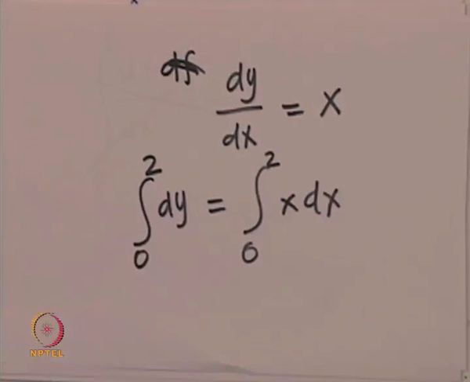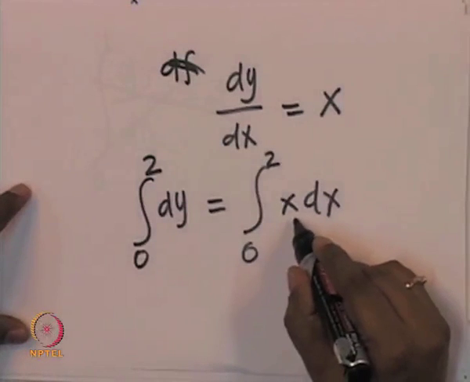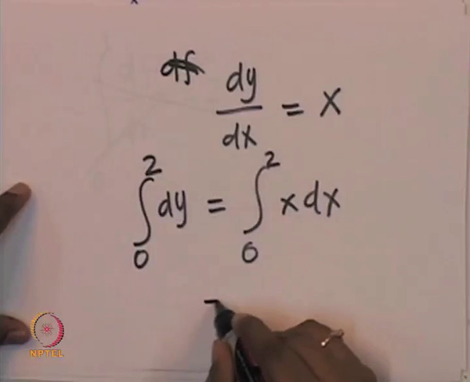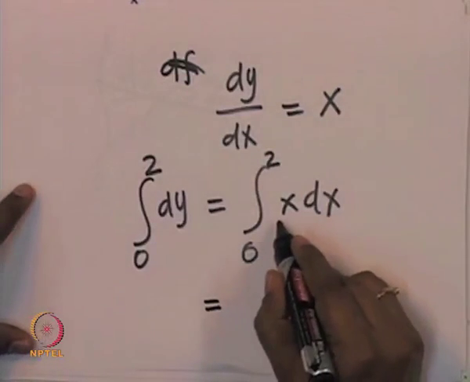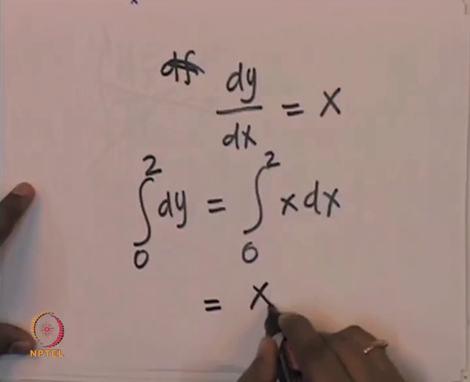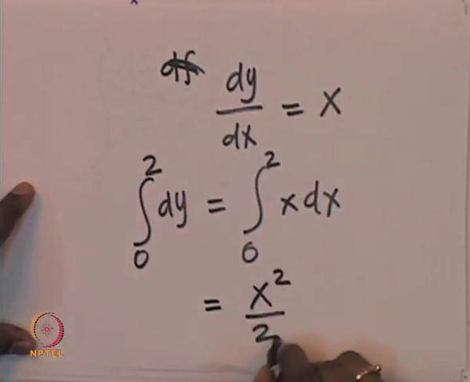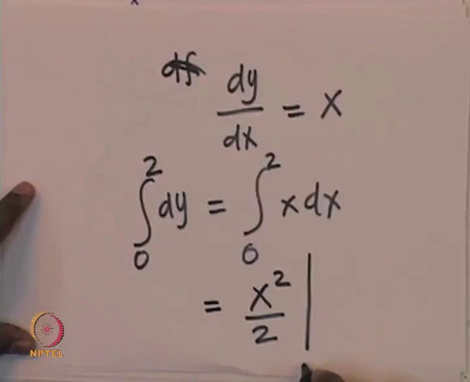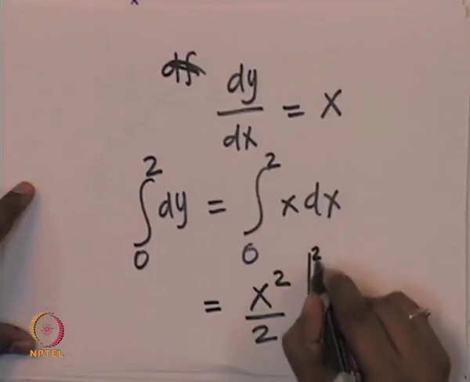Now, the integral of x we know is x square by 2. So, the integral of x dx is x square by 2, evaluated at these 2 points 0 and 2.